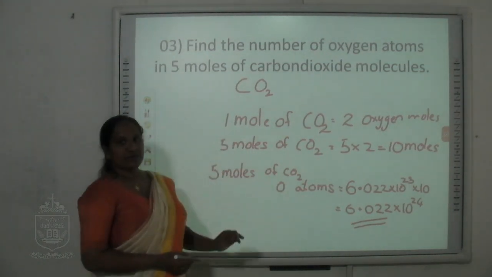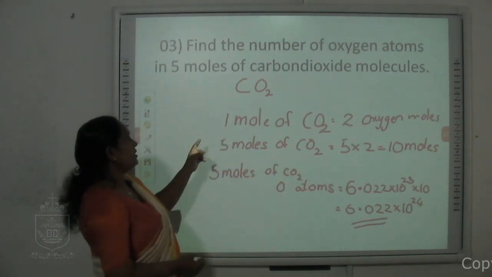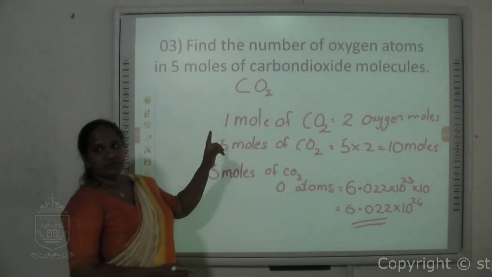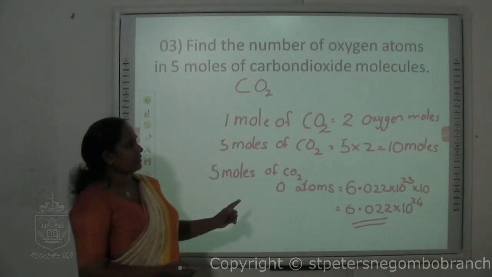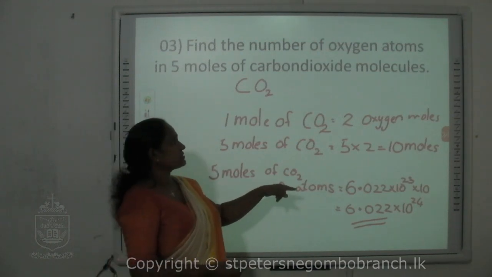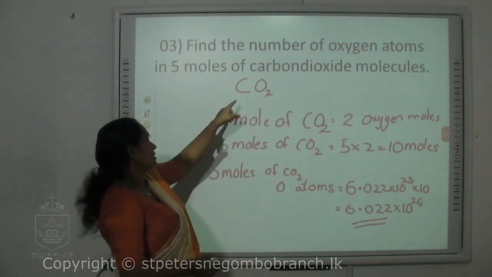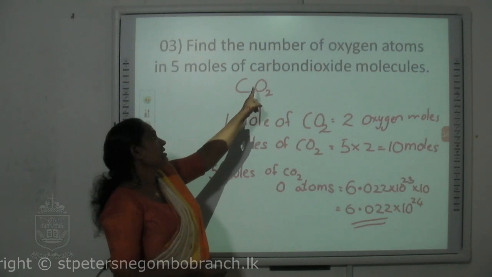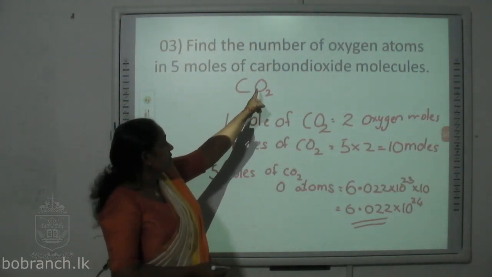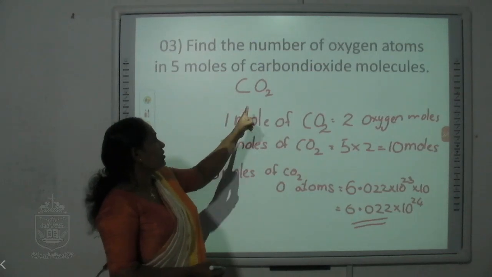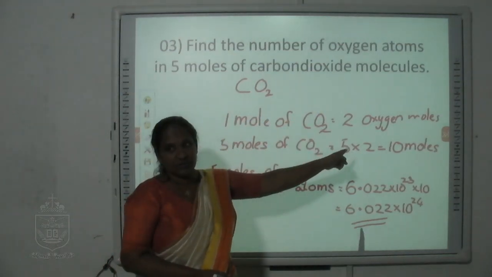Right? When asking a question like this, first see the number of oxygen atoms in that molecule. After that it is asking for the atoms. In carbon dioxide, 2 oxygen moles are there in 1 mole. In 1 mole of carbon dioxide, 2 oxygen moles.